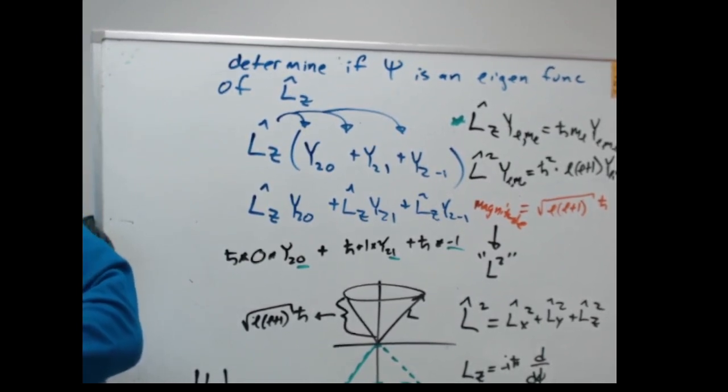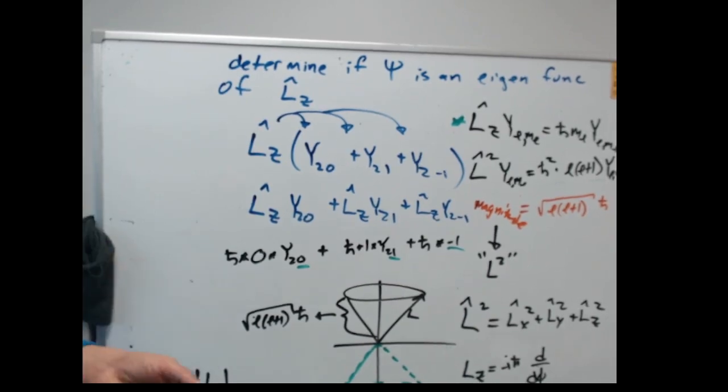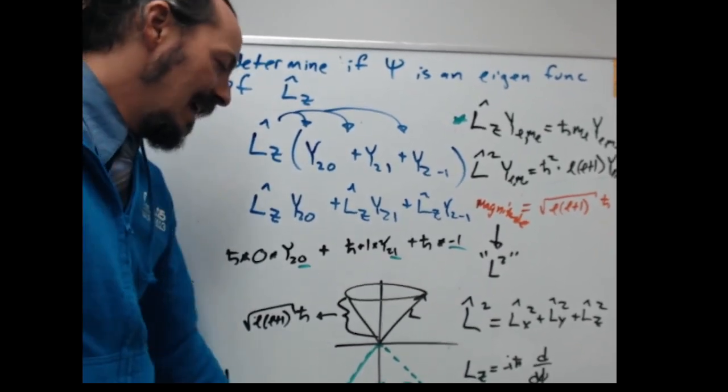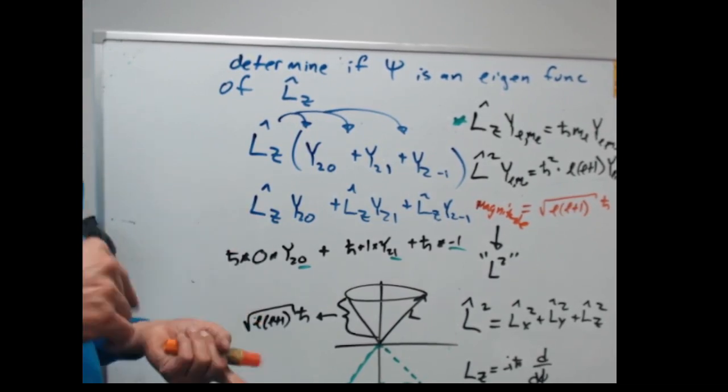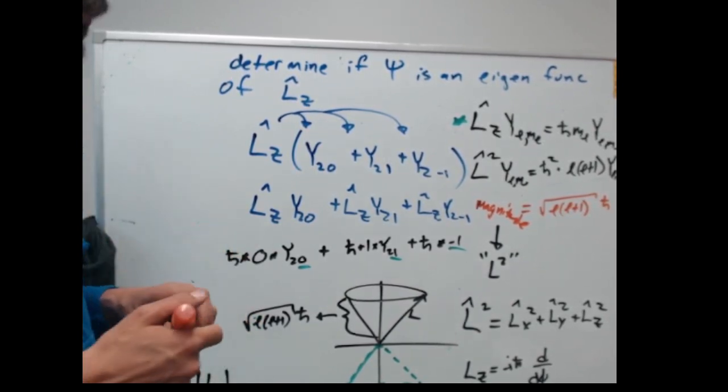Follow-up question for fun. Can you think of a way that we could force a function to be a linear combination that is an eigenfunction of LZ? Yeah, if the m sub L is the same, not L, m sub L. If the m sub L's are all the same number, you would make an eigenfunction of LZ. The other thing you can do is if the m sub L's are the same magnitude with the proper sign flips, that would also work.